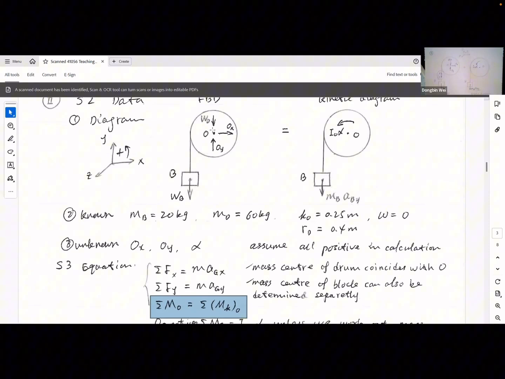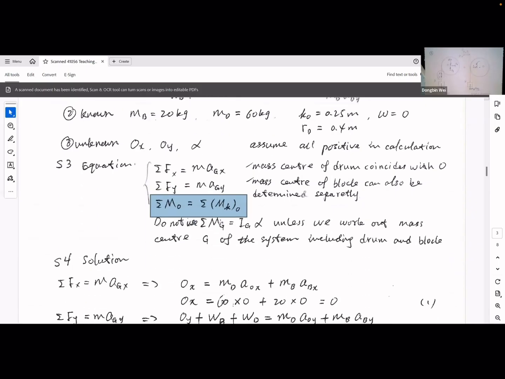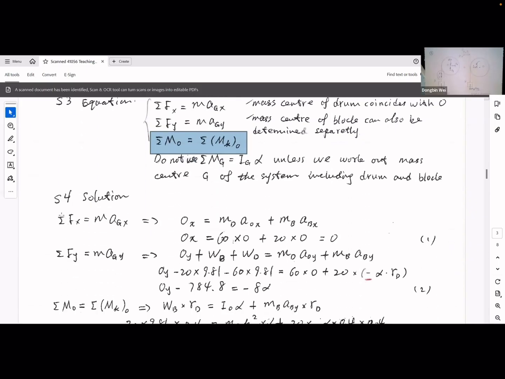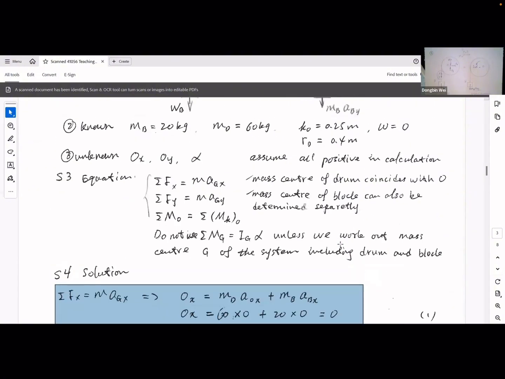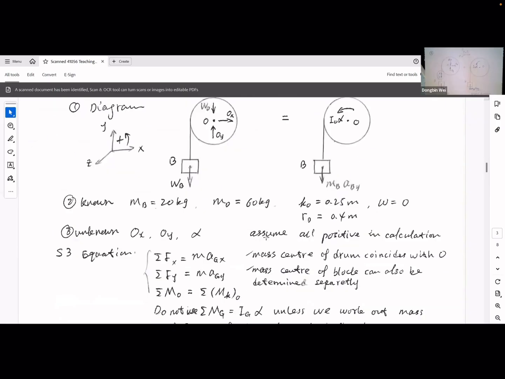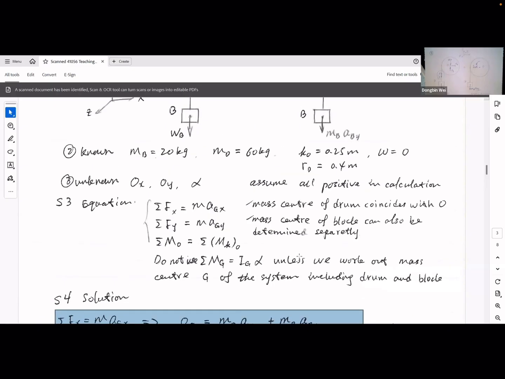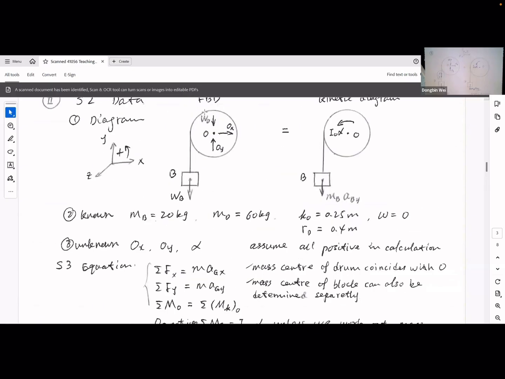So using O for our calculation will be convenient. Okay, now along X direction, if you look at this diagram, you have only OX. So again, you can easily get OX should be 0. Along Y direction, you have WD, OY, and WB.